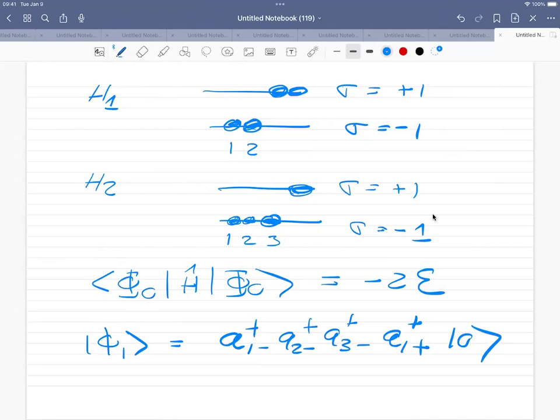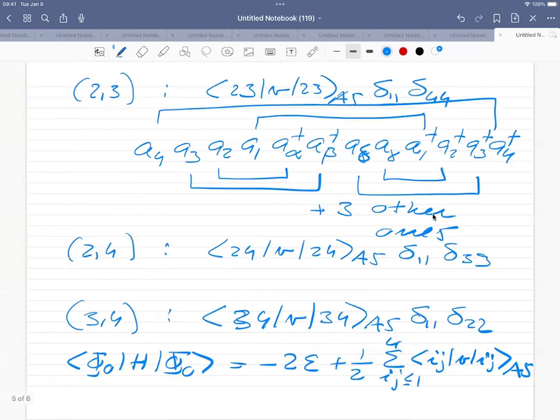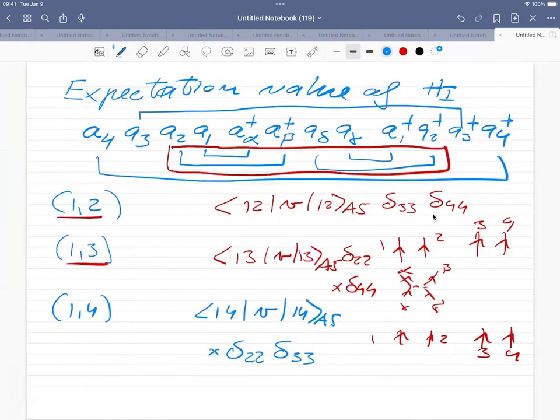Now, one of the main reasons why I picked this calculation is that when you look at the case with 4 particles and a 2-body operator, this is something which is still doable. But if you have 100 particles, it's not fun anymore.